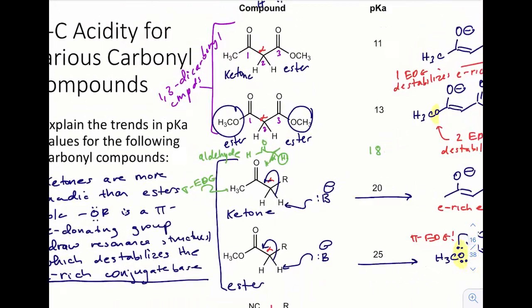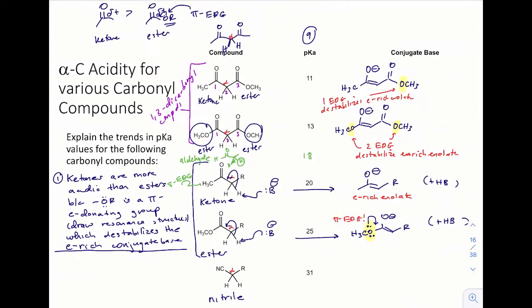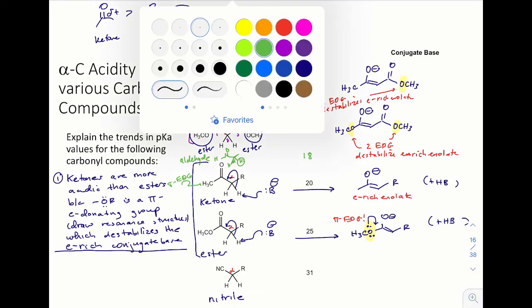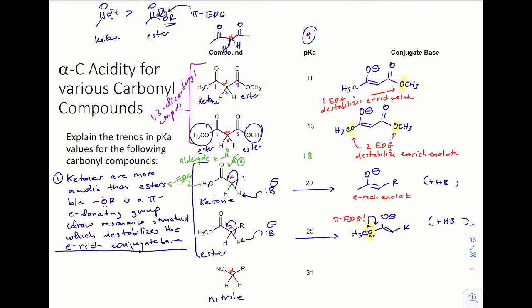We do see this trend. So electron donating groups destabilize the conjugate base, making for a weaker acid. All right, ketones have alpha carbons that are more acidic than esters. And then we see these 1,3-dicarbonyl compounds are more acidic than the single carbonyl compounds.